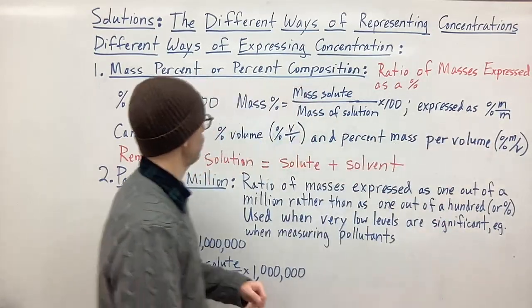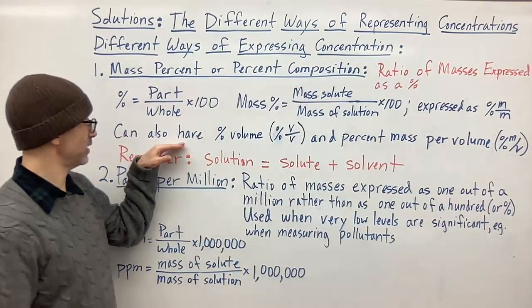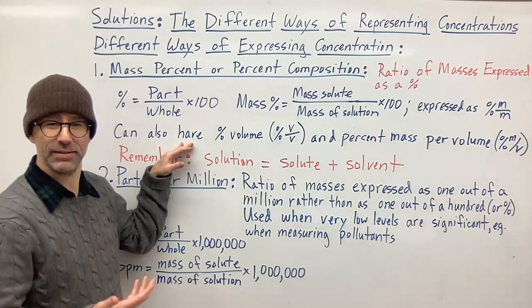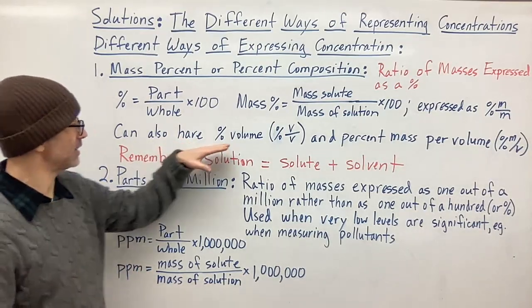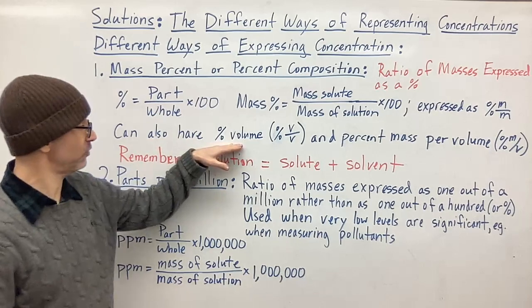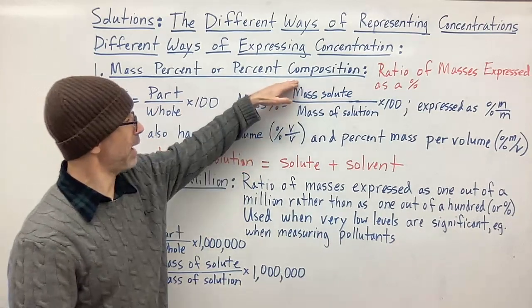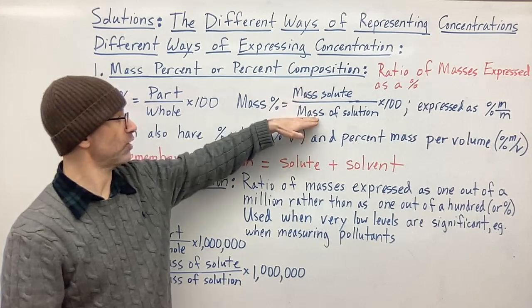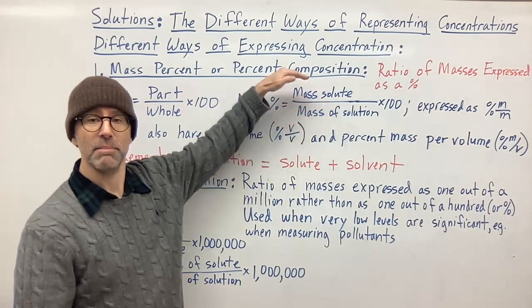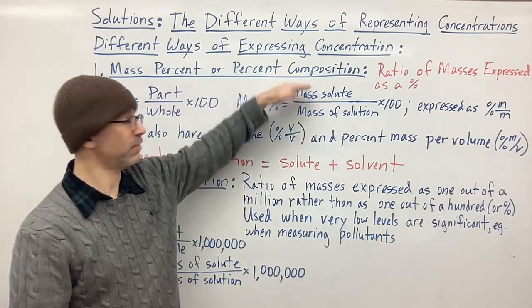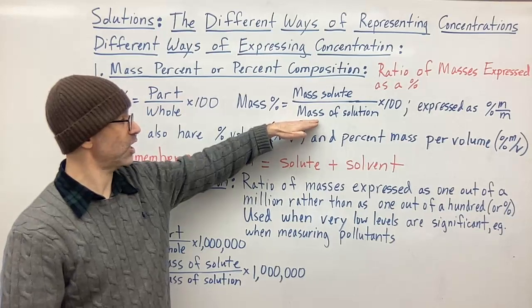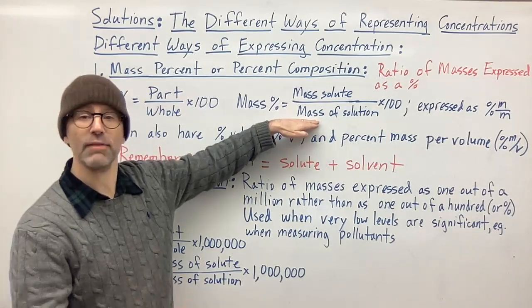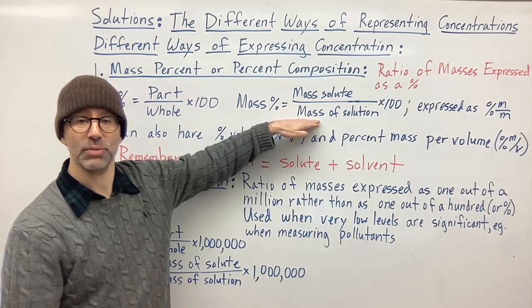You could also express these mass percents, or I should say percent composition, as a percent volume. In this case, instead of having mass of solute divided by mass of the solution, they would be in volume units, maybe milliliters. So you'd have milliliters of solute divided by milliliters of solution, or maybe it's liters, or whatever unit of volume you're using.